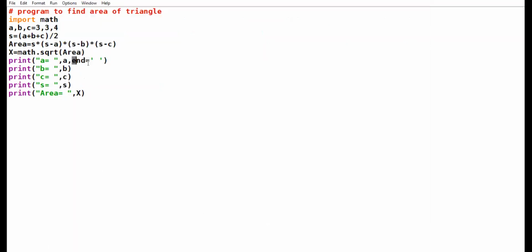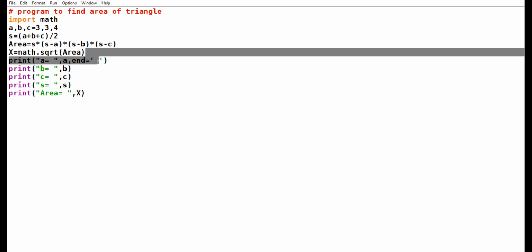End parameter by default has value \n, new line character. The data will appear in the next line. The next data will appear in the next line, but I have changed the value to space. So in the same line, both the outputs will come separated by space. Okay.